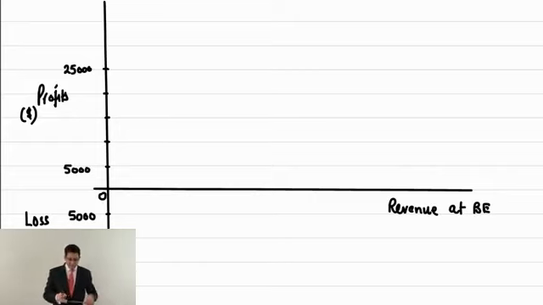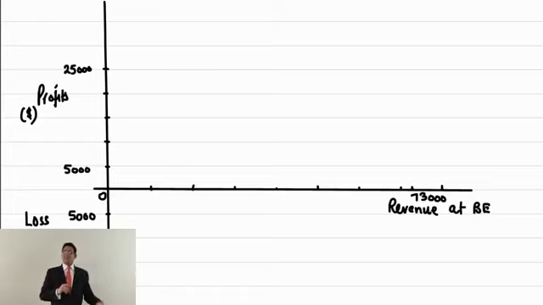And my sales revenue at break even, maximum sales are 73,000. So 10,000, 10, 20, 30, 40, 50, 60, 70 and 80, and here is total sales of 73,000.